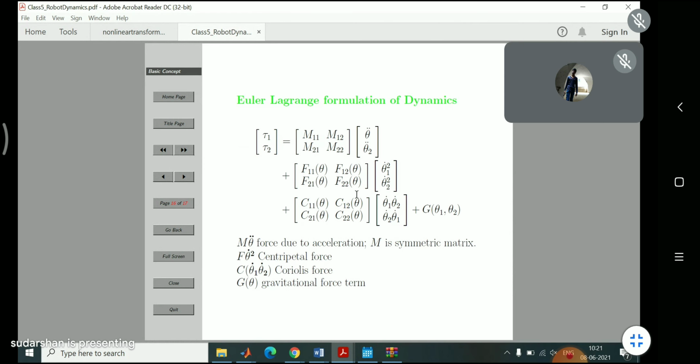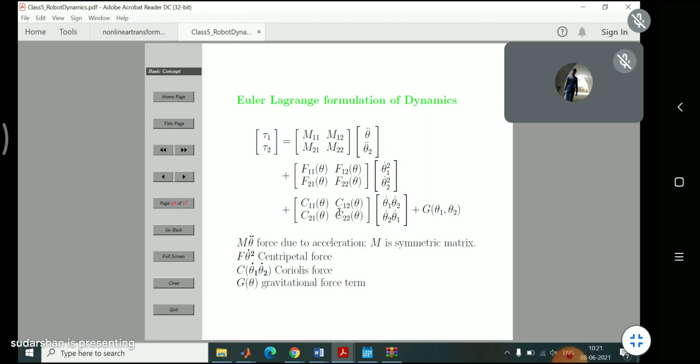Okay. So in this format, the first term M is a symmetric matrix. So we say that the term involving force due to acceleration. The second term we call it as the centripetal force.